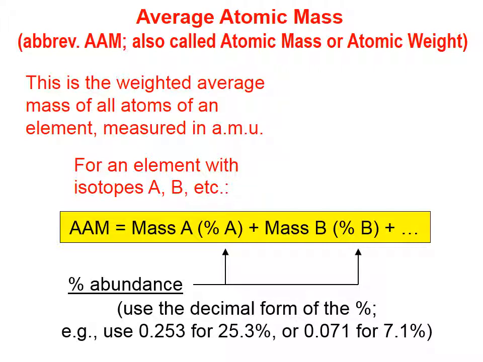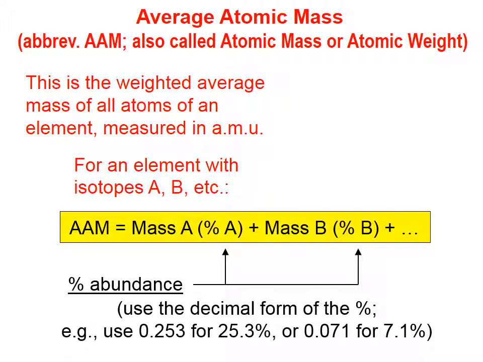For example, you would use 0.253 for 25.3% or 0.071 for 7.1%. So once you've got the percentages, make sure you move the decimal 2 places to the left before you use this equation.